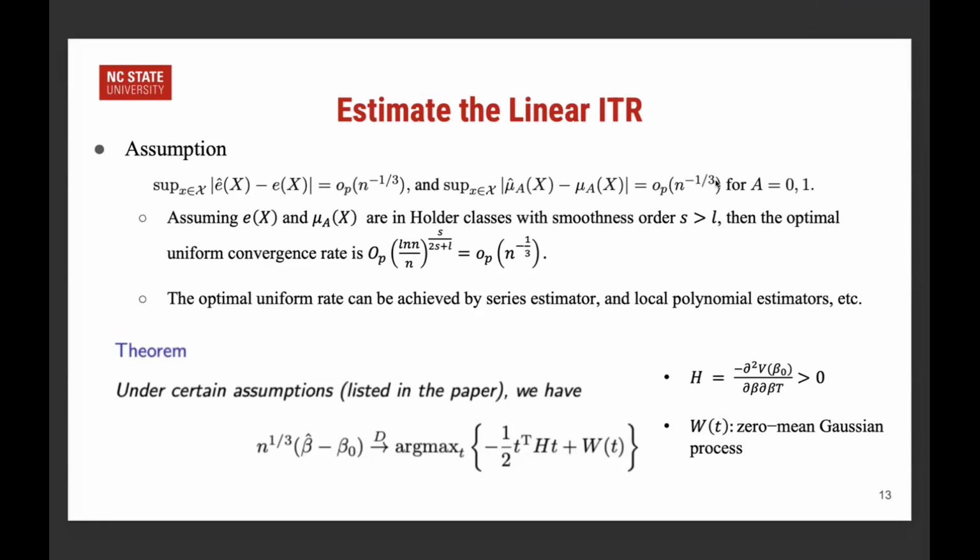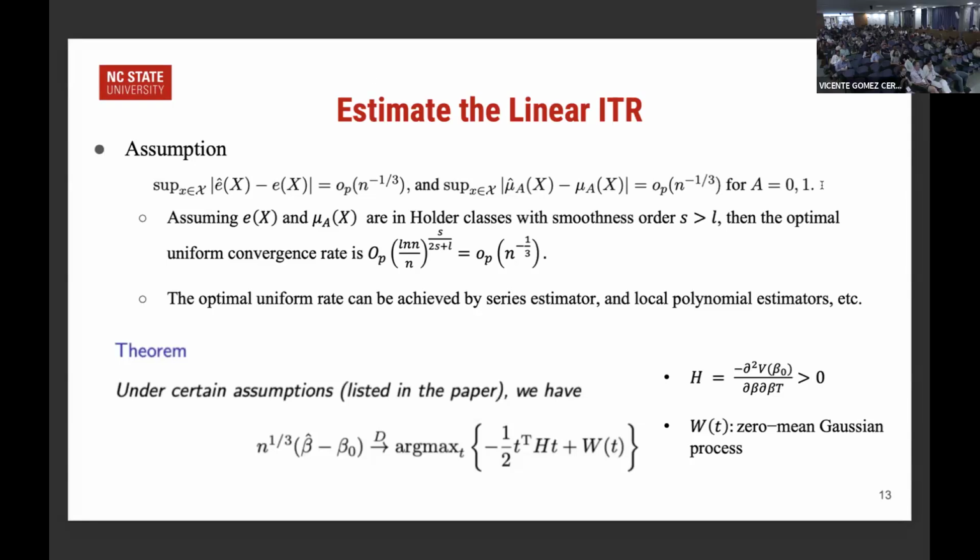Can you repeat what assumption you mentioned? Do you mean the convergence rate? So my question is, if you assume that the optimal treatment regime is linear in the covariates, would it imply anything for the outcome model or the propensity model?